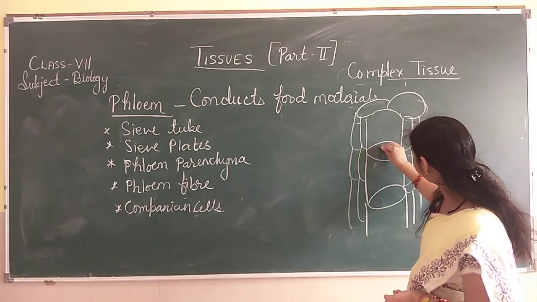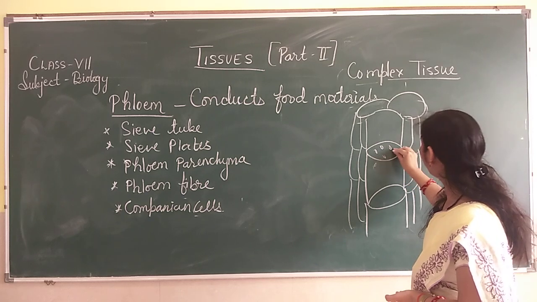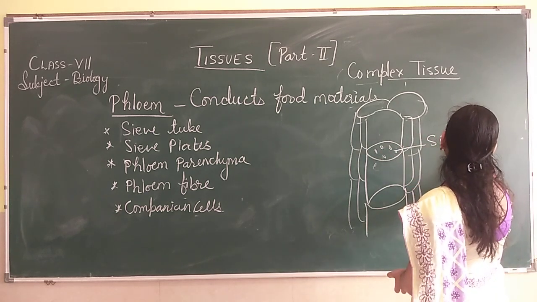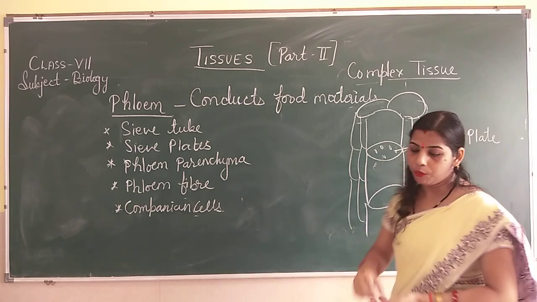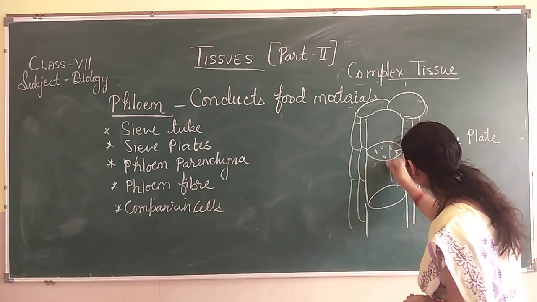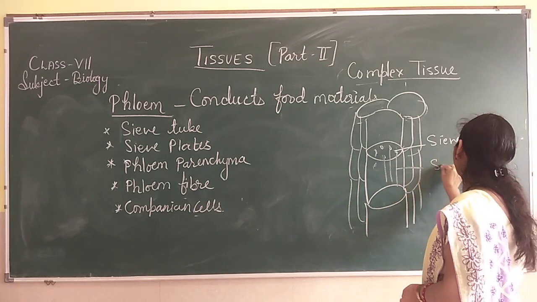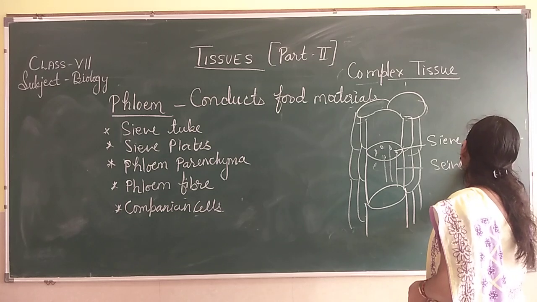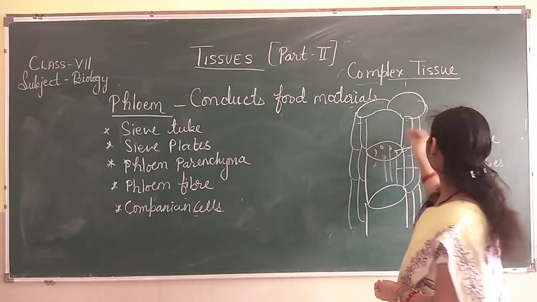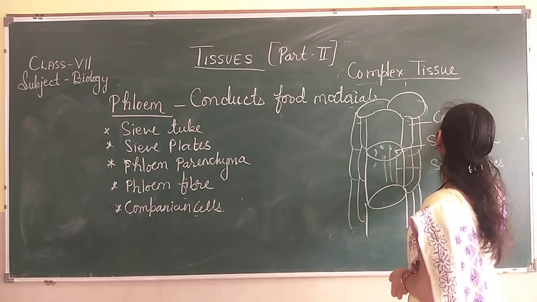This structure here has a hole-like structure. This is known as the sieve plate. From each sieve plate, a number of tube-like structures arise, which are known as the sieve tubes. The cells on the side are known as the companion cells.